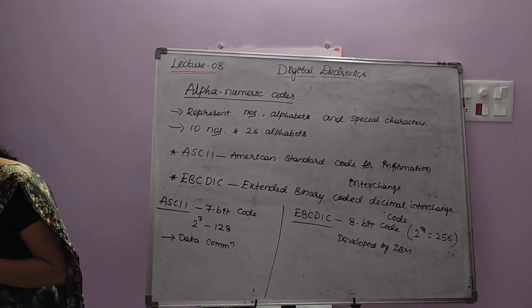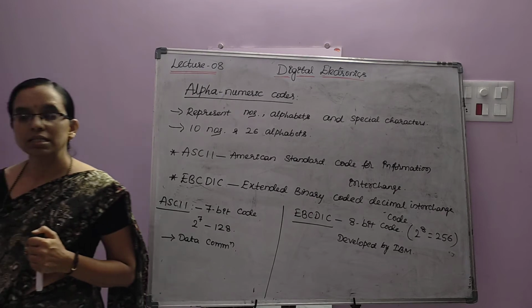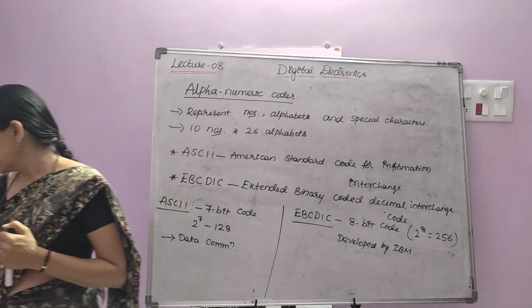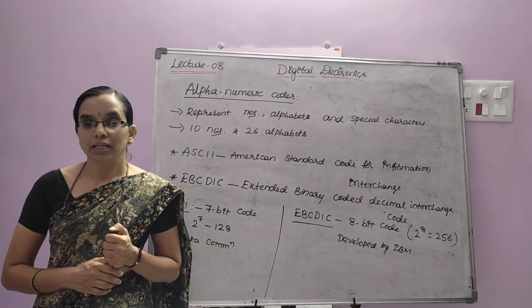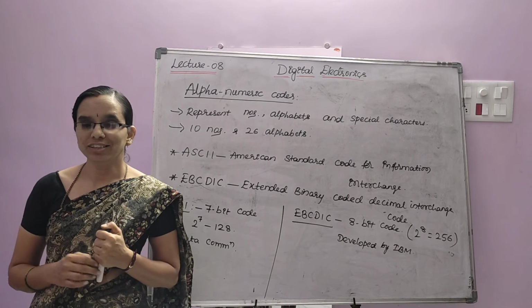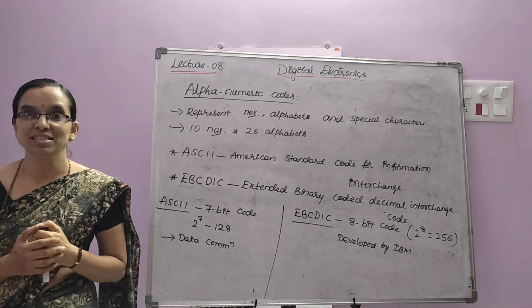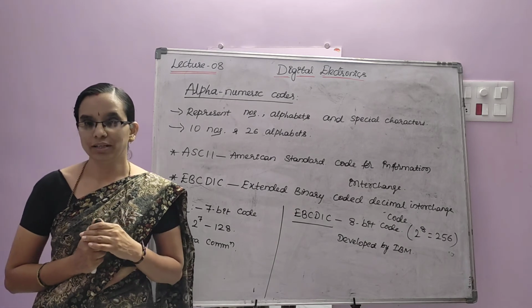In that, 0 to 9 is represented using the 7 bits. 0 is represented as 0, 1, 0, 0, 0, 0, 0. In the same way, up to 9: 0, 1, 1, 1, 0, 0, 1. It cannot be memorized because we cannot remember so many series of zeros and ones; only by looking at the table can we tell.